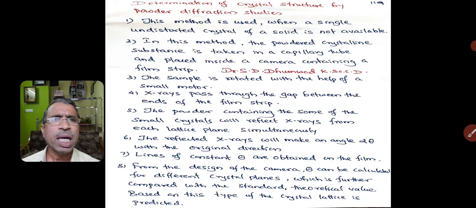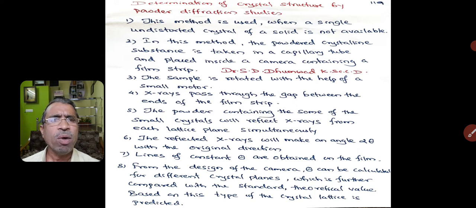The powder containing small crystals will reflect X-rays from each lattice plane simultaneously. The reflected X-rays will make an angle 2 theta with the original direction. Lines of constant theta are obtained on the film.